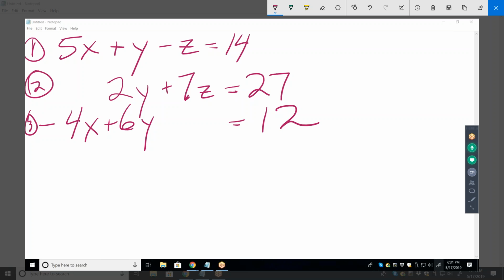What variable? These are actually easier to understand if you have all three variables in all three equations, but the goal is to take two of the equations and eliminate one variable, and then take any other two and eliminate the same variable. Okay?